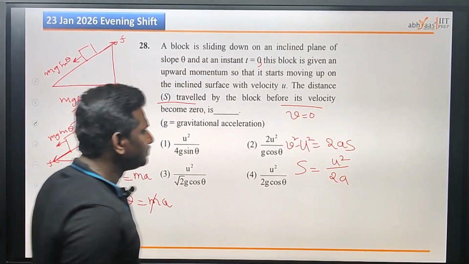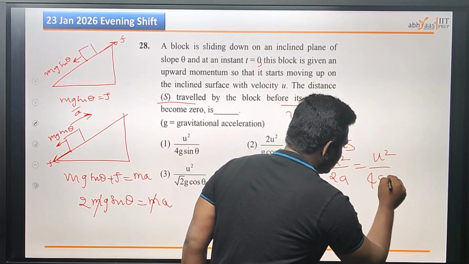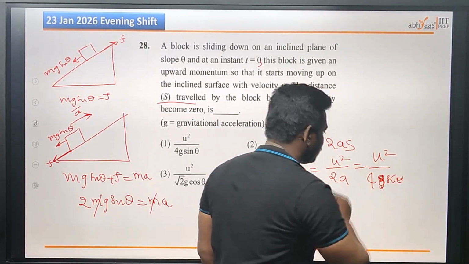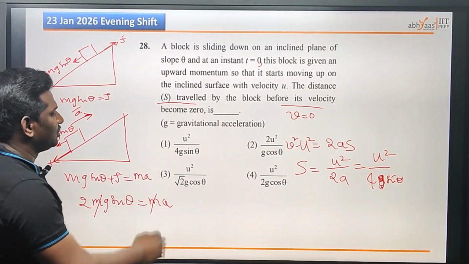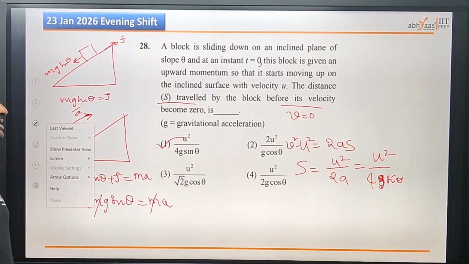So what is a? U square, that is 4g sine theta. So u square by 4g sine theta, option 1 is the right answer.